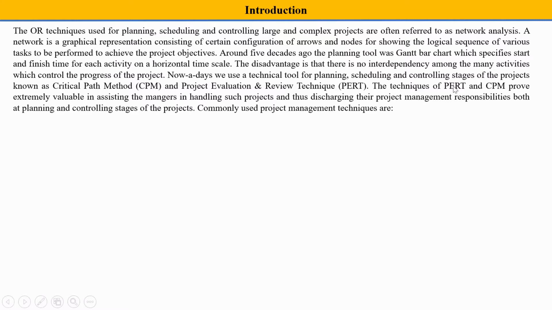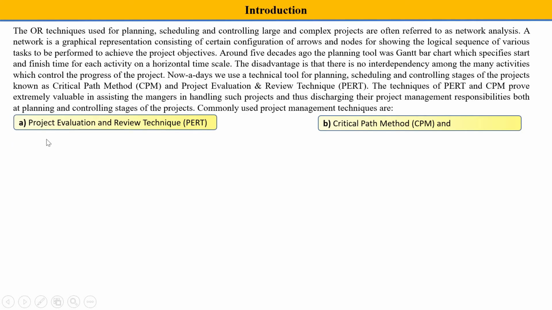The techniques of PERT and CPM prove extremely valuable in assisting managers in handling such projects and thus discharging their project responsibility at both the planning and controlling stages. So there are two techniques: the project evaluation and review technique, PERT, and the critical path method, CPM.